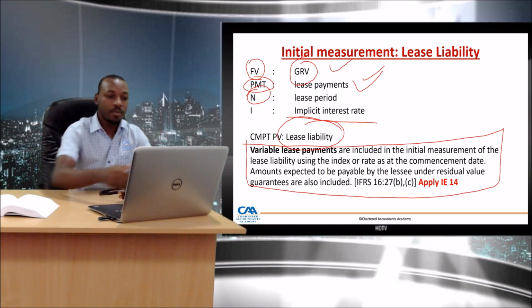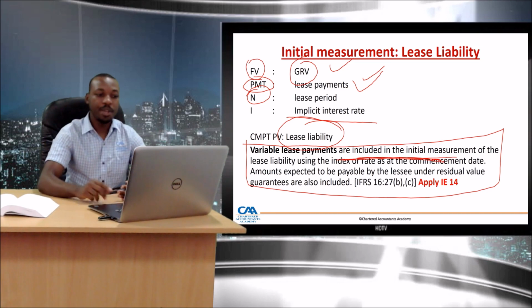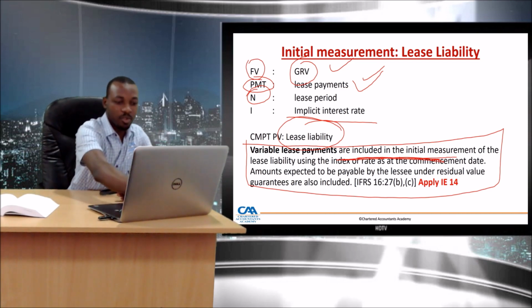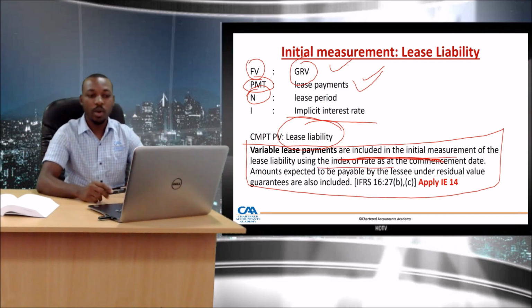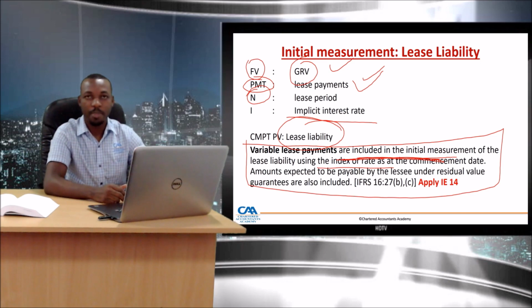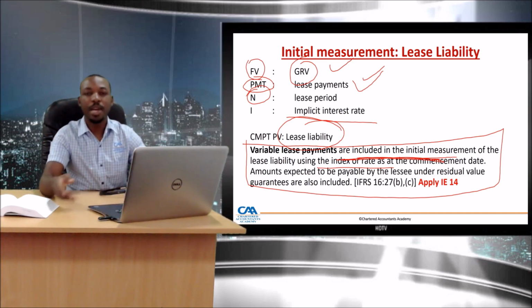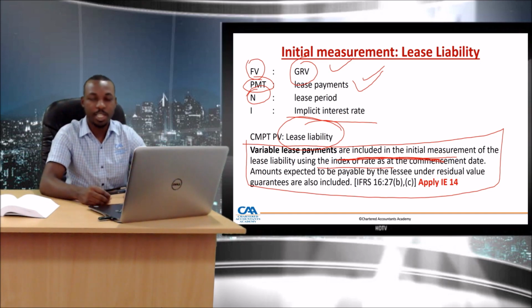When you've got variable lease payments, we usually include them if the variability is based on an index or a rate that we use to reflect the changes. So that is when we include them, and at the point when it varies, with the necessary adjustments.